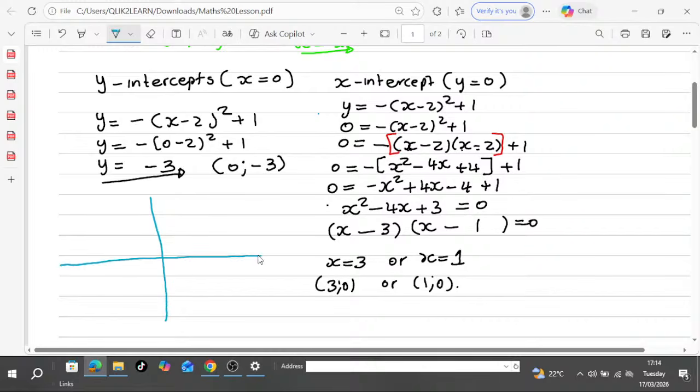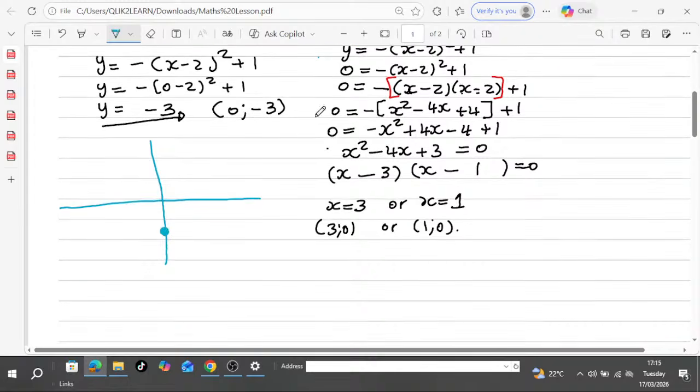Okay, so now we set the y-intercept. It cuts at 0 and minus 3, which is somewhere here. I'm just going to put my point there and say this is my 0 and negative 3.